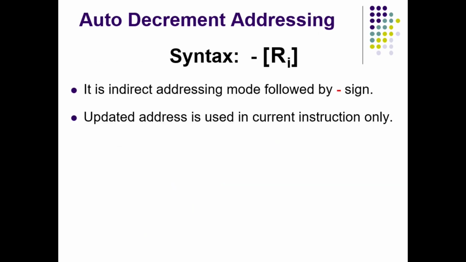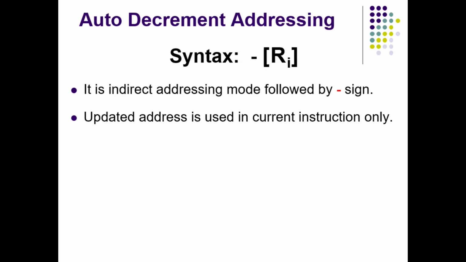Like auto increment addressing, similarly we have one more addressing mode called auto decrement addressing. Here also register indirect addressing, indirect addressing using register mode, is used. But whenever a register is used here, we initially decrement its value and then consider it as the effective address.